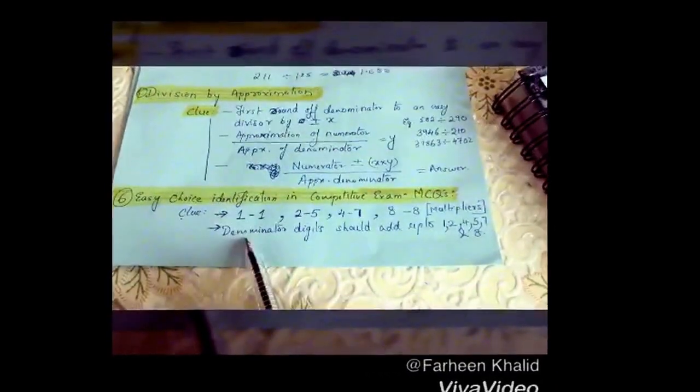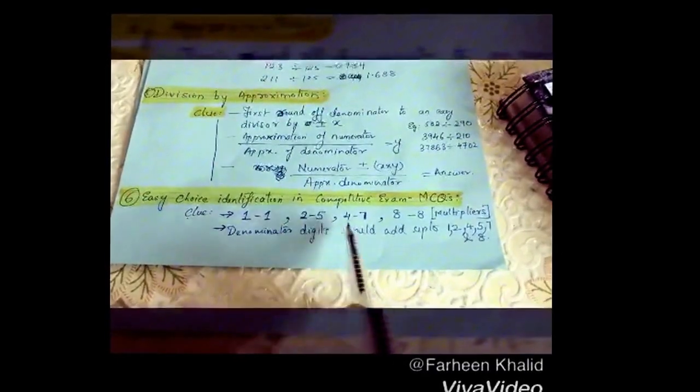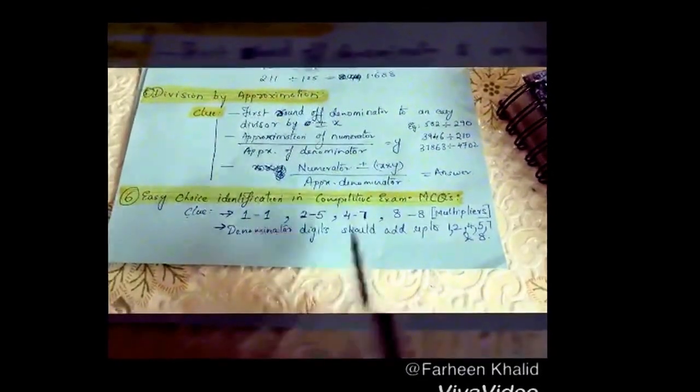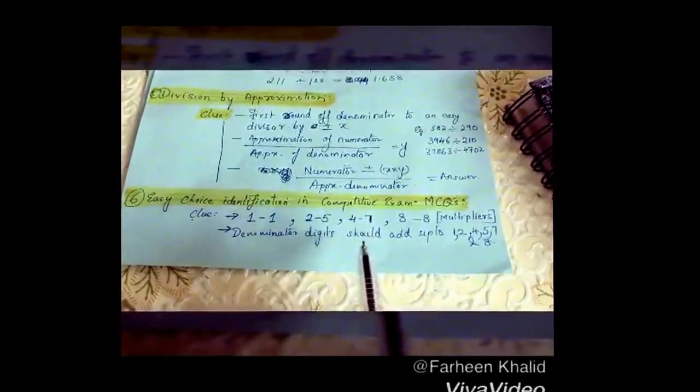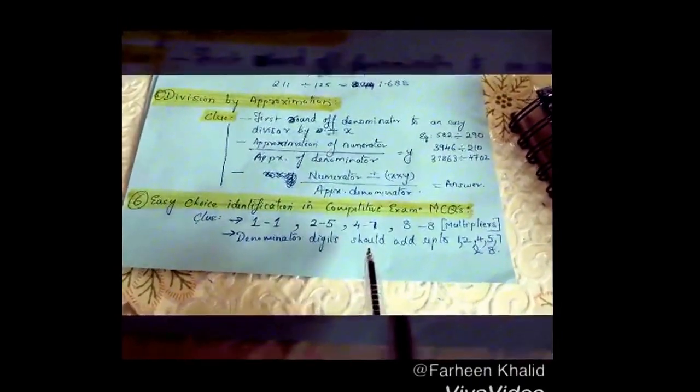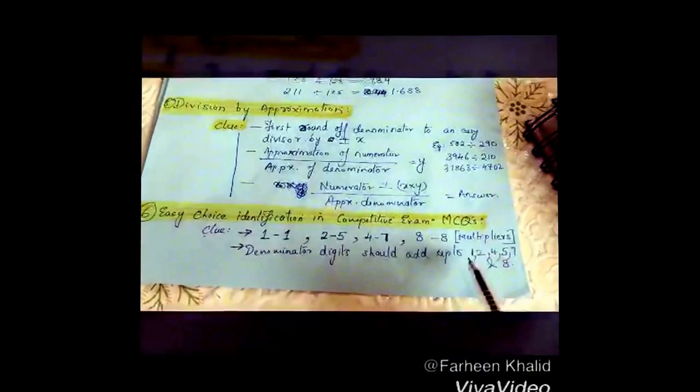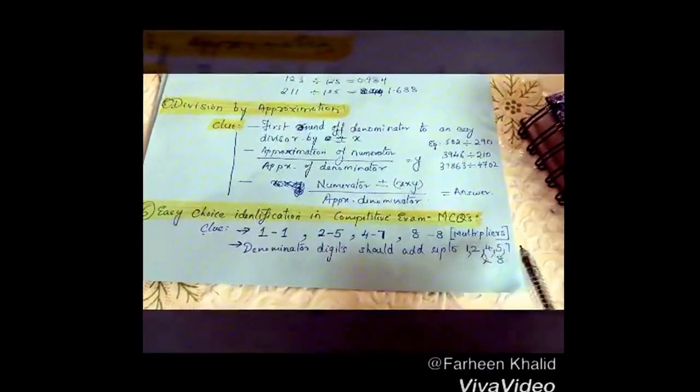And what we have to remember here is that this method cannot be done for the questions in which the digits of the divisor do not add up to 1, 2, 4, 5, 7, or 8.